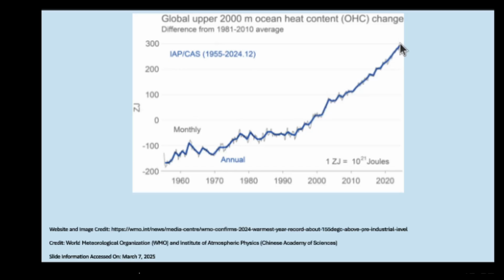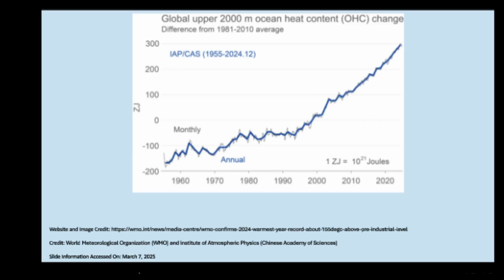And finally, by 2024, we've reached about 300 of those units above the average. And overall, from 1955 to 2024, we've gone up about 500 of those units of energy of the heat content, how much is stored in the ocean.